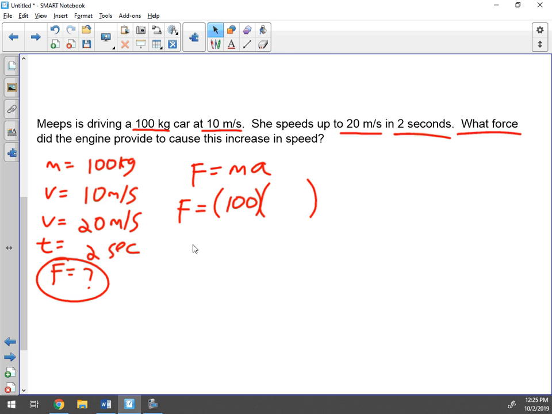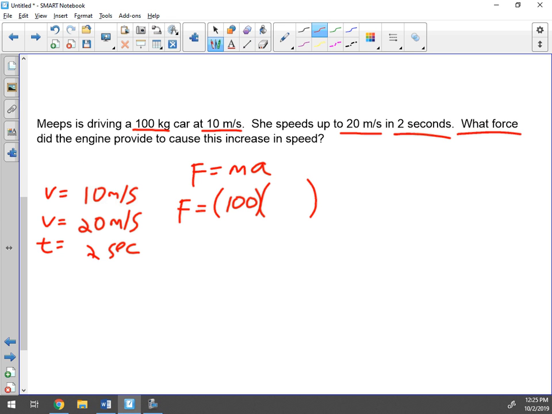So far, I have used the F, and I have used the m. What I'm left with are 2 v's and a t, and I'm trying to find this a. So I'm going to use another equation. Let me erase that.